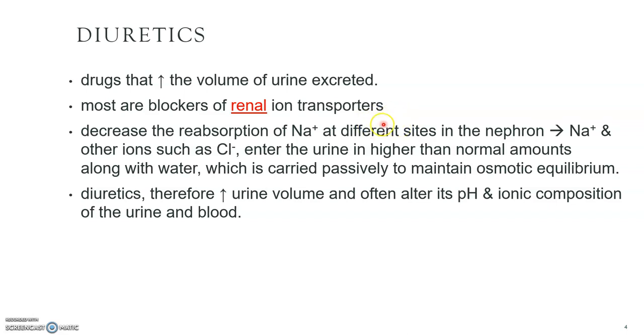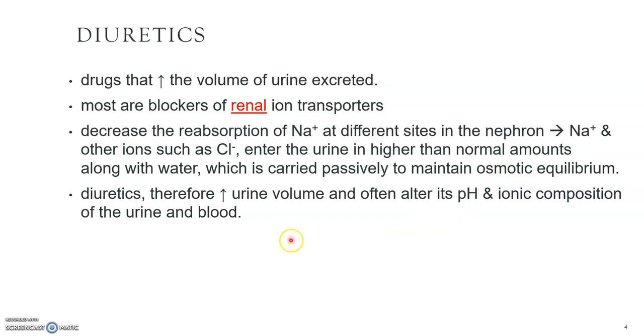These diuretics will reduce the reabsorption of sodium at these various sites, and this will lead to sodium and other ions such as chloride entering the urine in higher than normal amounts together with water. And this will all be carried passively to maintain osmotic equilibrium.